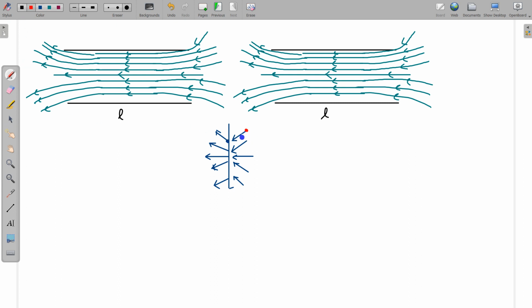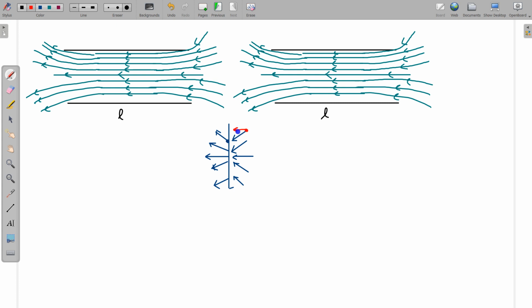Suppose these two are the magnetic field at a point, and for that the horizontal component must be equal because of symmetry. So these two solenoids are producing the same component along the axis, parallel to the axis.